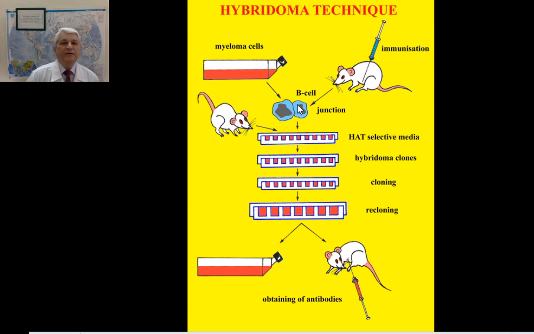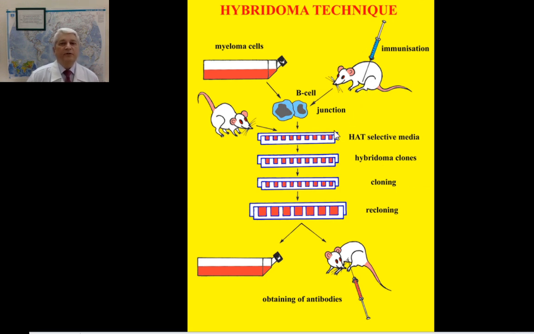So finally we have a mixture of different cells, hybrids and non-hybrids. Now we must find the hybrid cell, which is immortal like a myeloma cell and which is producing monoclonal antibodies against the antigen which we injected to the mice.